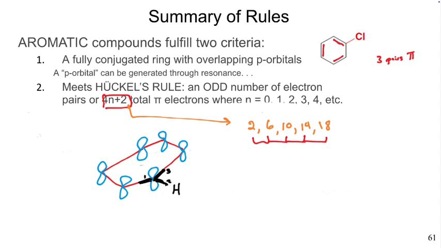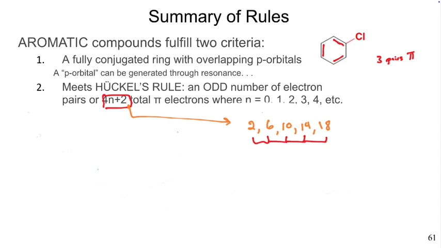Okay? So let's look at a weird example. Would we count this structure as aromatic? And if you're wondering what structure, I mean the triangle. The triangle is a structure.